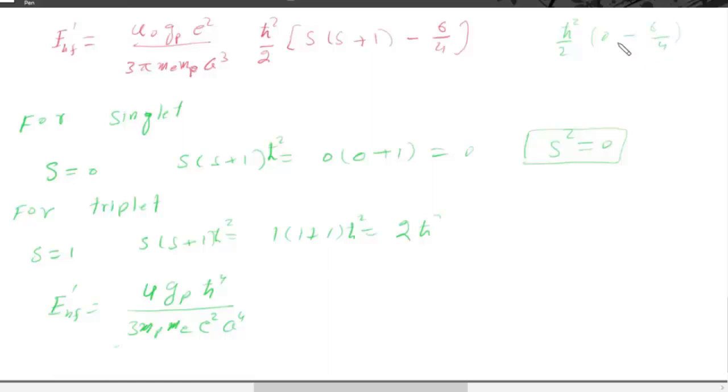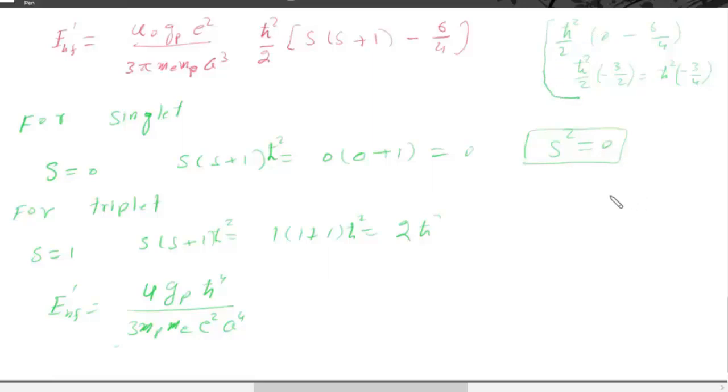Then this is equal to ħ² divided by 2, and this 2 is cancelled. This is minus 3 divided by 2, and then this is equal to ħ² times minus 3 divided by 4. Okay, and this is for the singlet states.